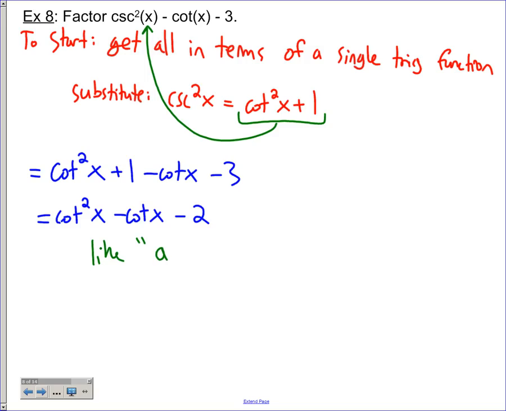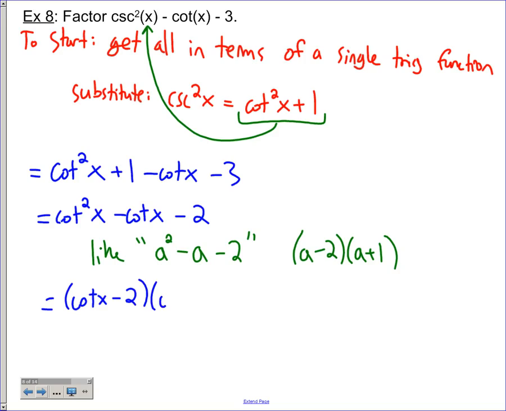It's kind of like a squared minus a minus 2, which would factor as a minus 2 times a plus 1. But instead of a's, we have cotangents. So this is going to give us cotangent of x minus 2 times cotangent of x plus 1. And now we're in factored form.